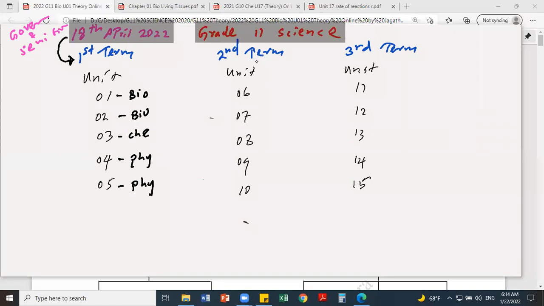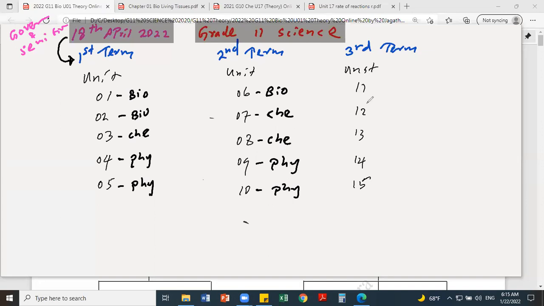So this is grade 11 first term. Grade 11 second term: unit 6 biology, unit 7 chemistry, unit 8 chemistry, unit 9 physics, unit 10 physics.